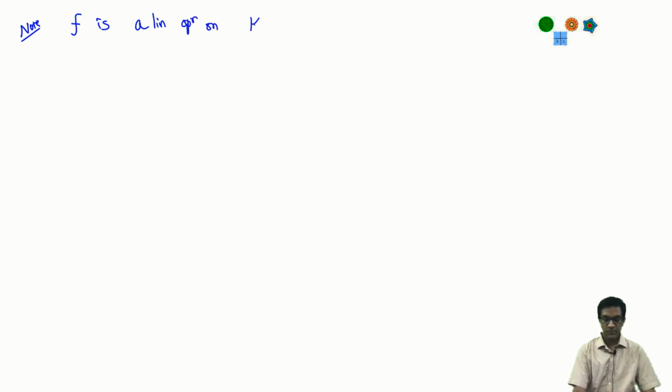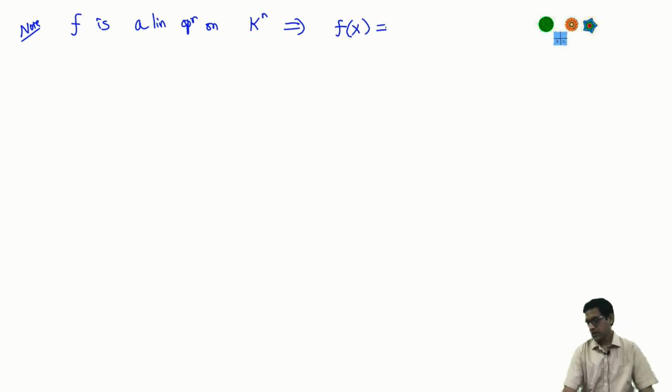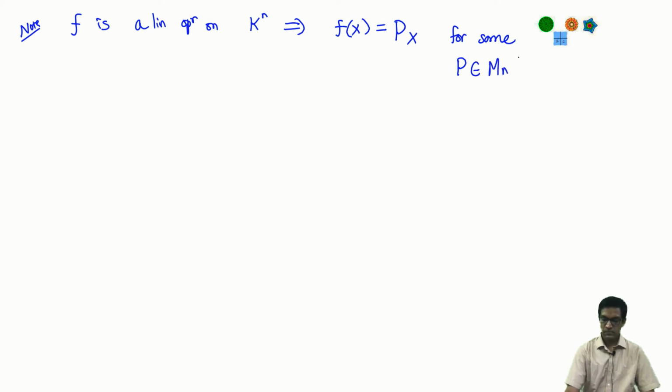on the space of column vectors just means that f is given by multiplication by some matrix. Let's call it the matrix P maybe. If you wish, this is just the matrix of this linear operator with respect to the standard basis of K^n.